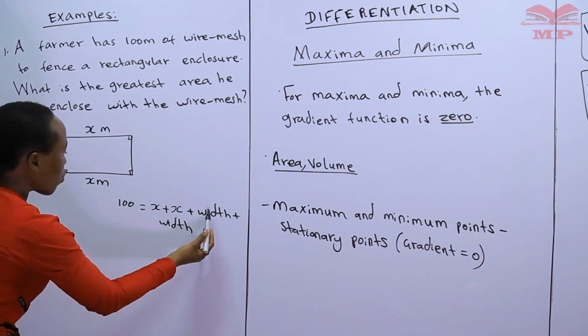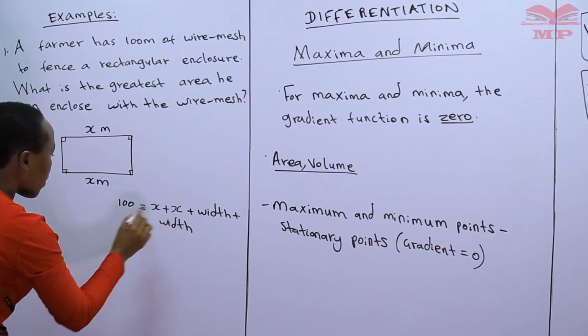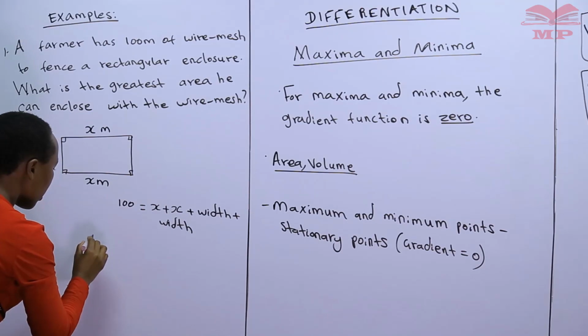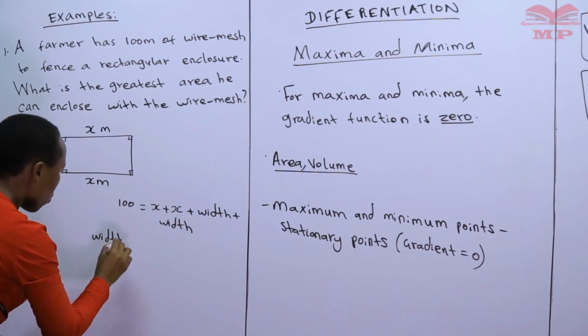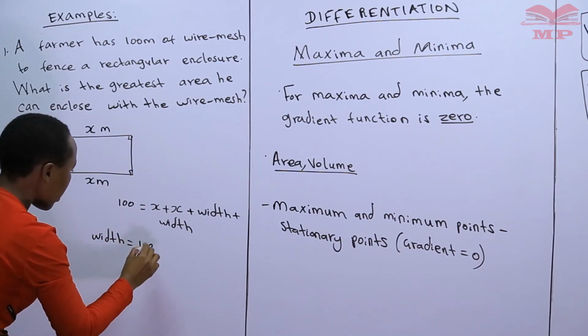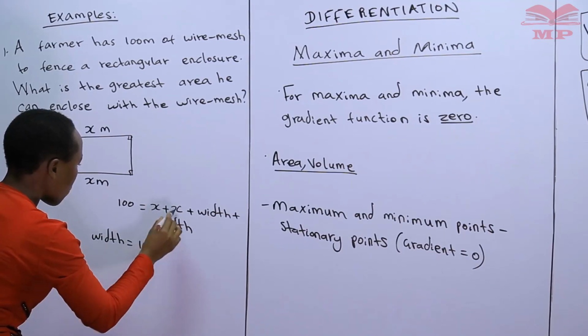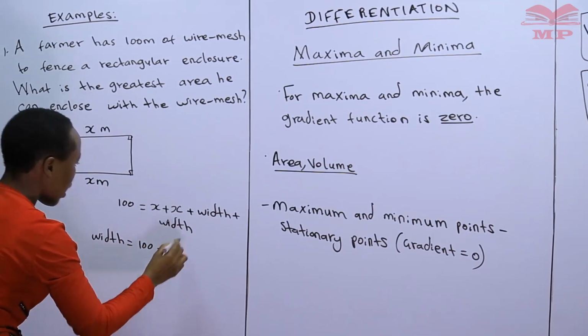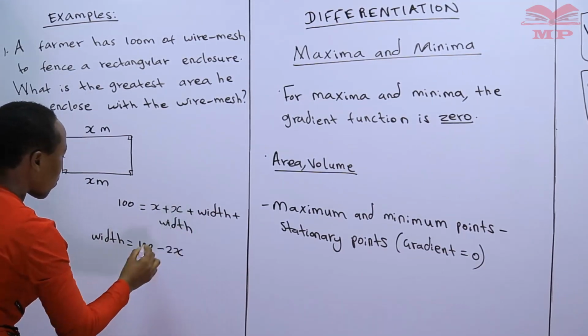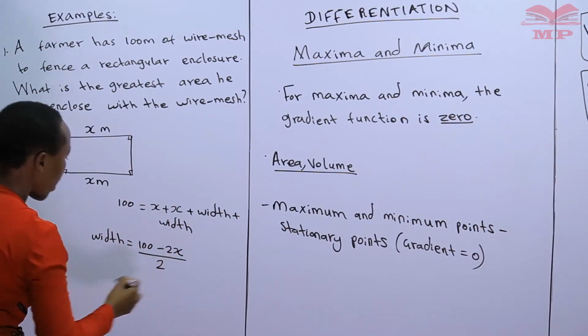And therefore, the width will be equal to 100 minus 2x, and because these are 2 widths and we want to get 1, we divide by 2.